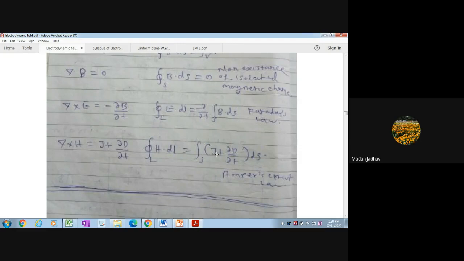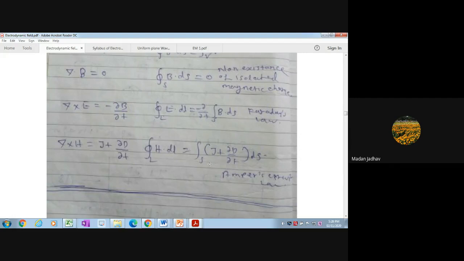Here J is the conduction current density, and you are taking the sum of these two densities first, and then taking the surface integral of both densities, and it is equated to the closed line integral of H dot dl.